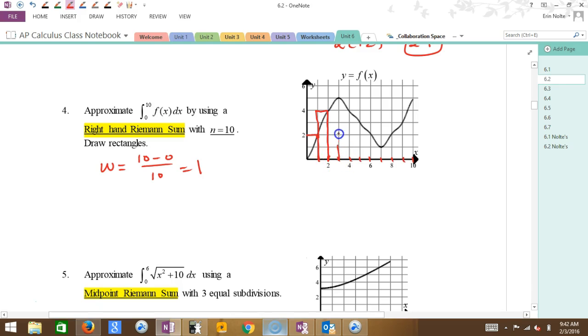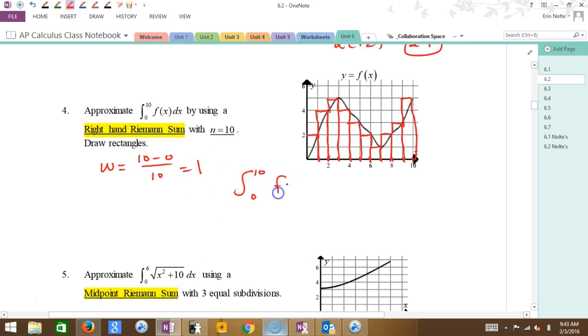At 3, we're going up to 5. At 4, we're going to 4. At 5, we're going to 3. At 6, 2. 7 is at 1. 8 is at 2. 9 is at 3, and 10 is back up to 5.